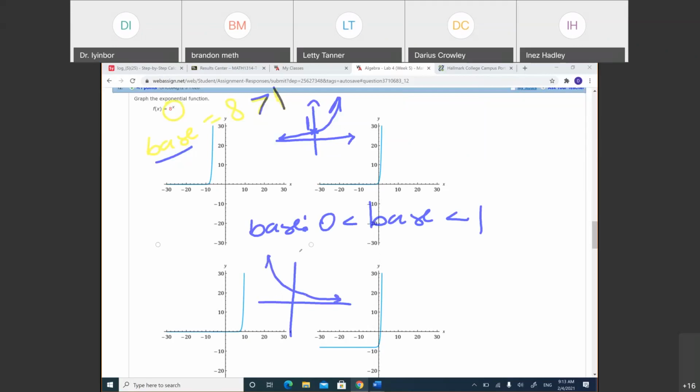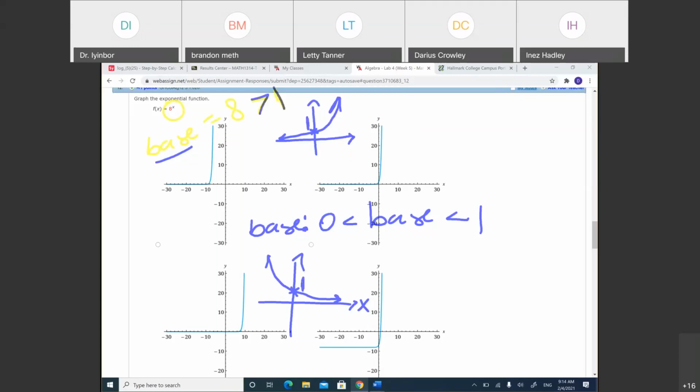And again, you never cross the x-axis. You're going close to the x-axis. The x-axis is called the horizontal asymptote. That means the graph is going very close to the x-axis, but you never cross it. And you're crossing the y-axis at 1 again.